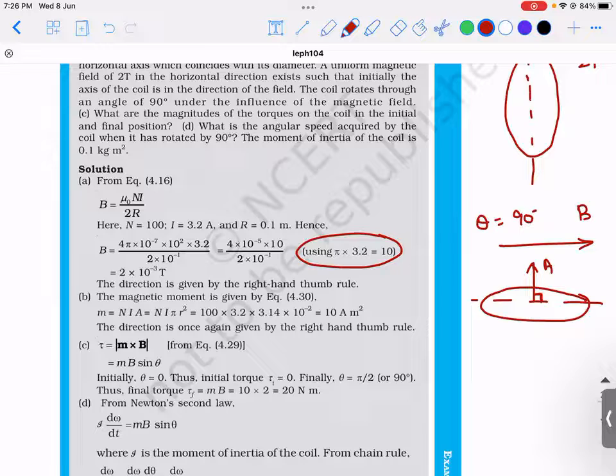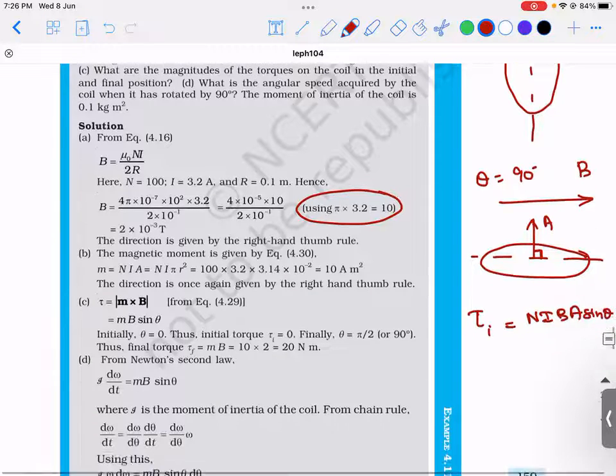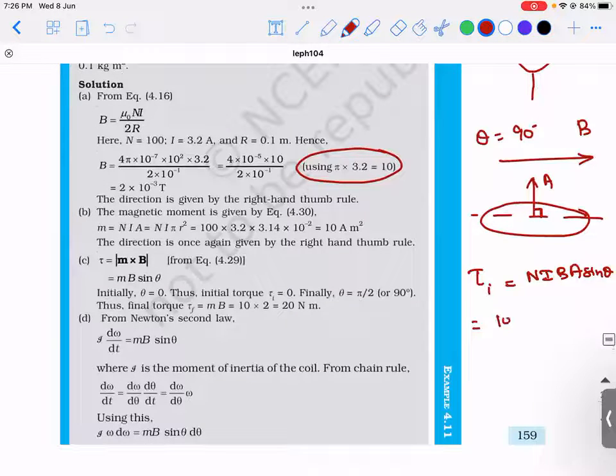Now, what are the magnitudes of the torque on the coil in the initial and the final position? So torque in the initial position is how much? NIBA sin theta. N is 100, I is 3.2, B is 2.